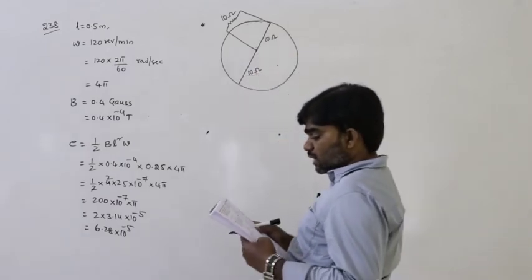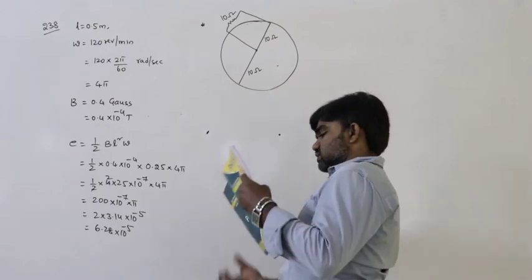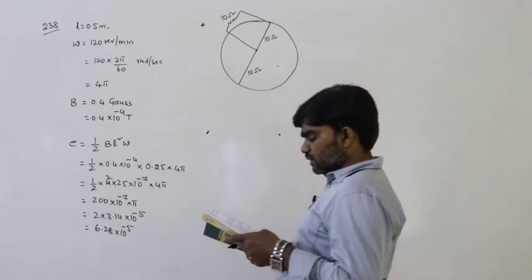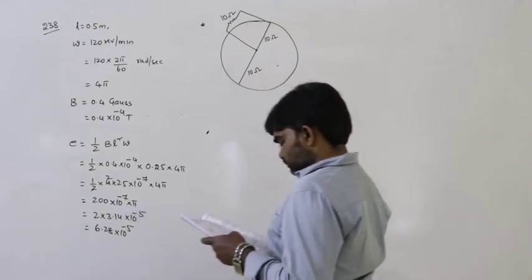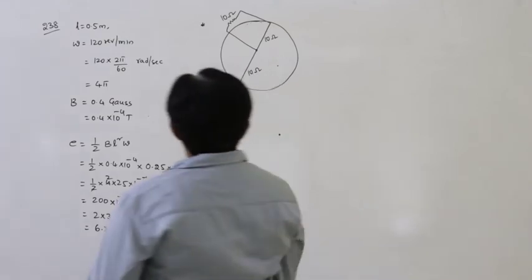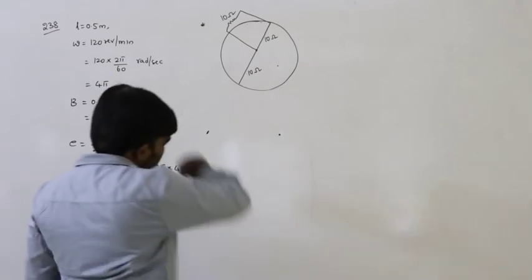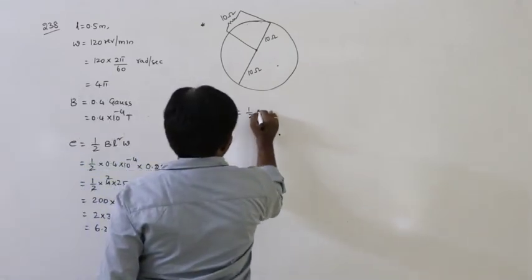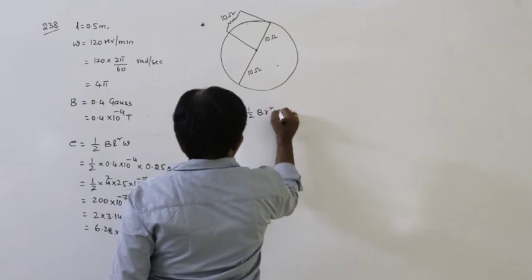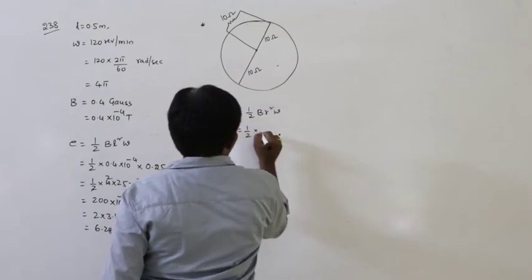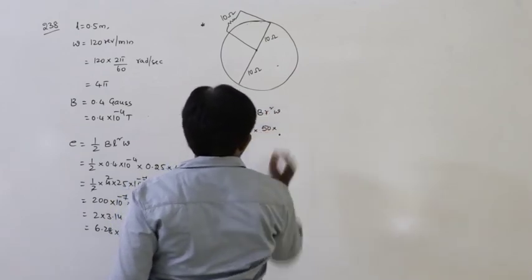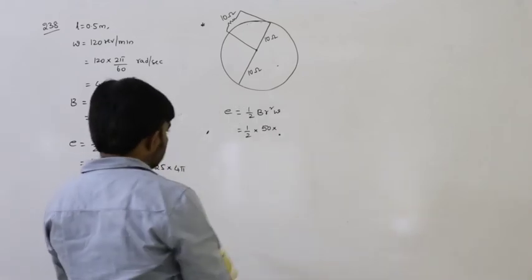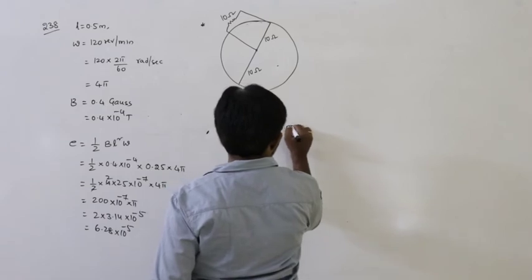Now what is the current through the external resistance? We have to find out the current. How can we calculate it? First calculate the EMF developed. EMF is equal to half B R squared omega. B is 50 Tesla. What is the radius mentioned here? 0.1 meter, that means R squared is 0.01.